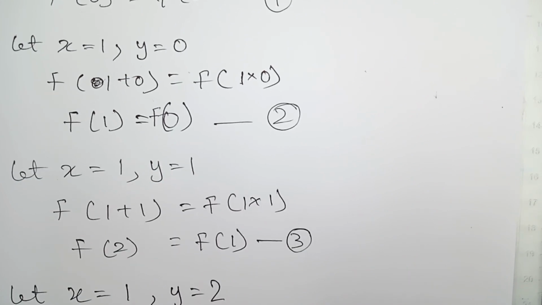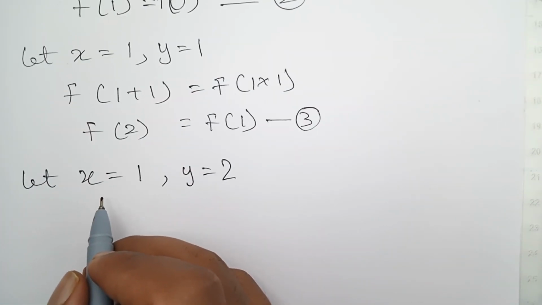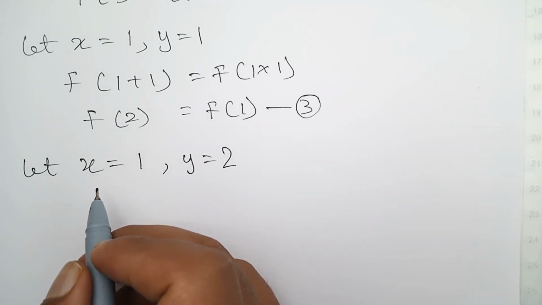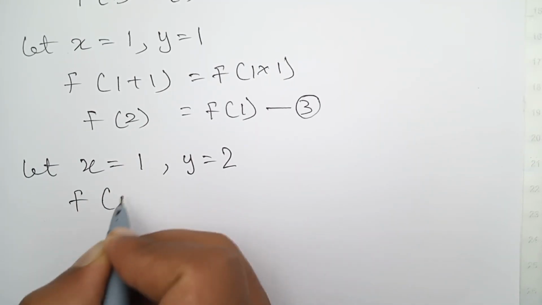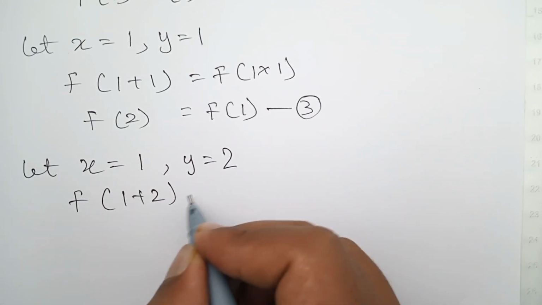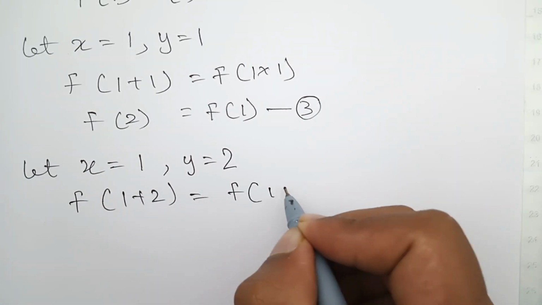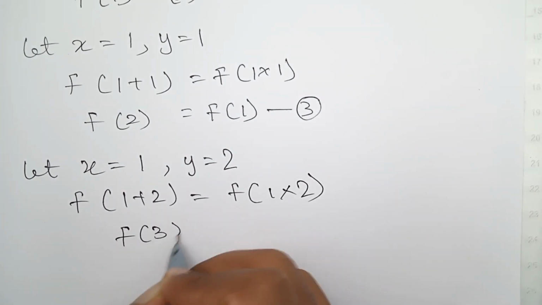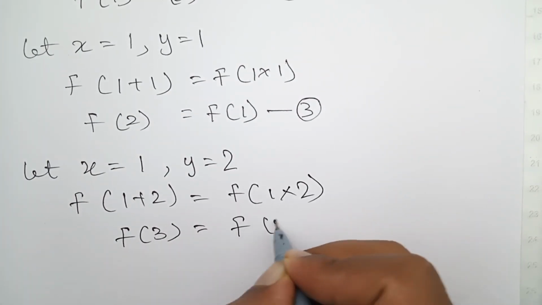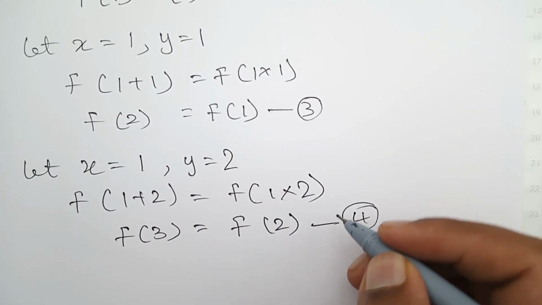Now we have increased the value of y here, that is 2 now. f of 1 plus 2 is equal to f of 1 into 2, so f of 3 is equal to f of 2. Okay, this is the fourth equation.